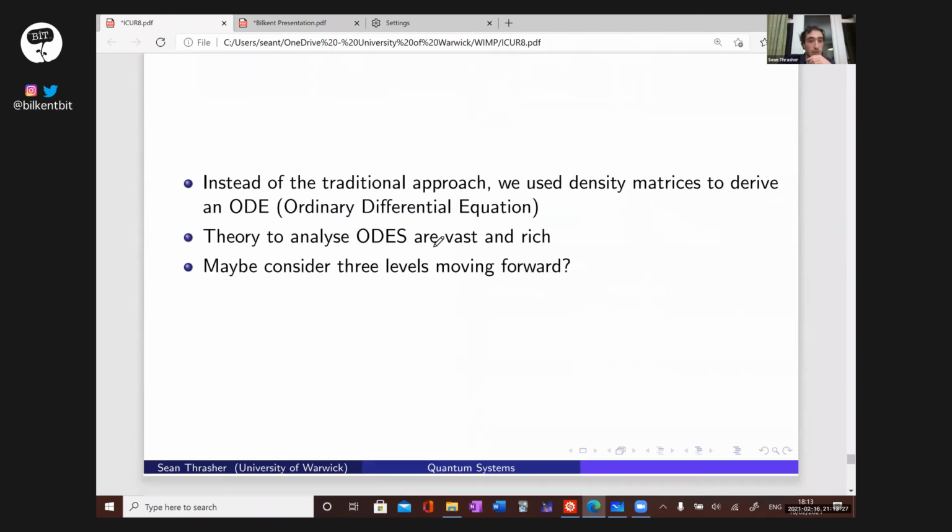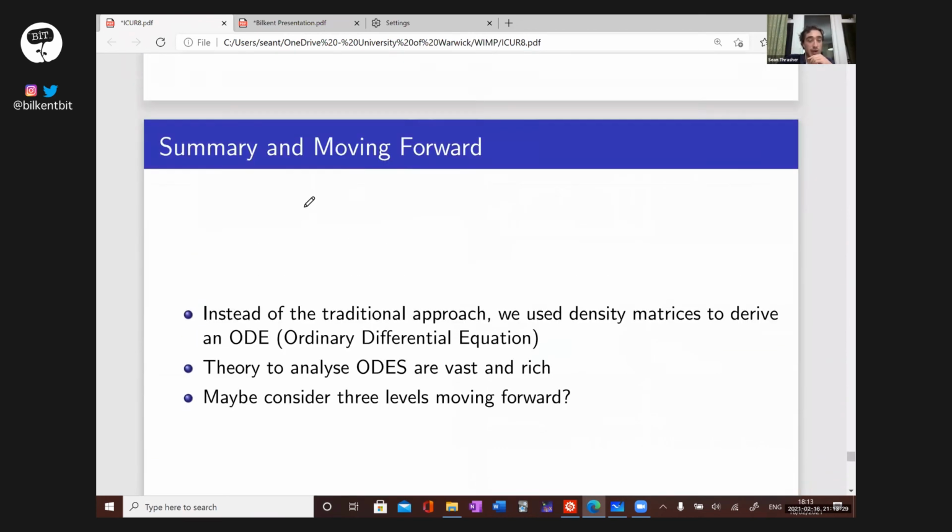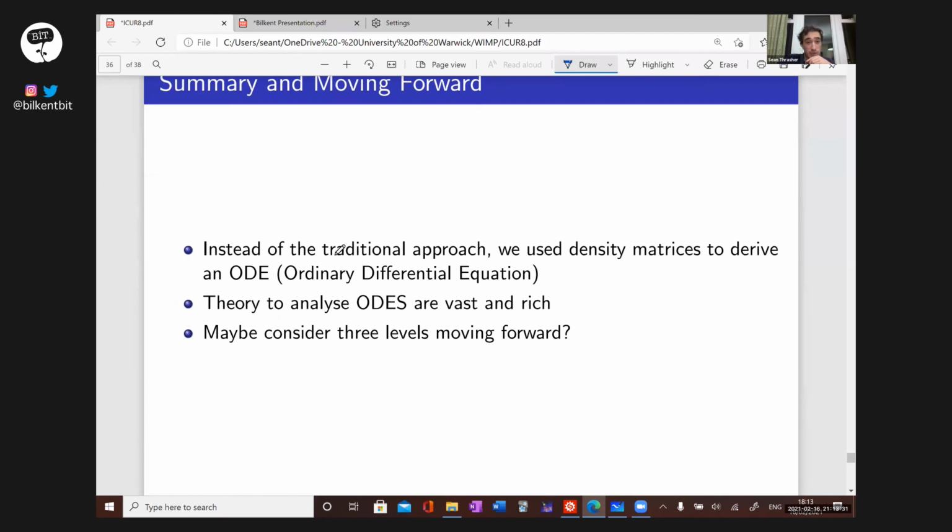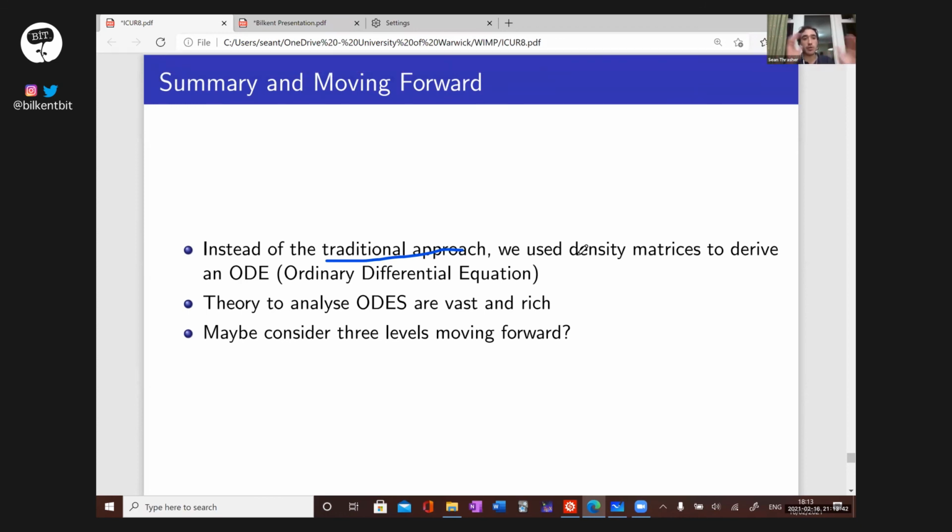So I could just talk about the exciting places where this can be moved forward. What I've basically tried to convince you is that instead of this traditional approach, you can use the idea of what's known as density matrices. Remember I said how you can represent being in a state by a matrix.